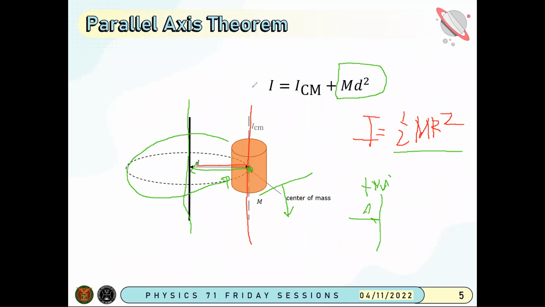As long as yung rotational axis mo is parallel to the center of mass axis nung object, then you can use this parallel axis theorem. You will add an additional term. So yung total moment of inertia will be yung inertia of the center of mass, 1/2 mr squared, plus md squared.